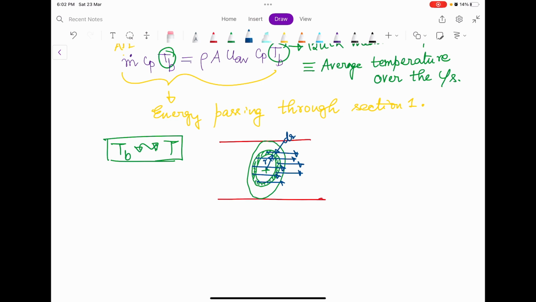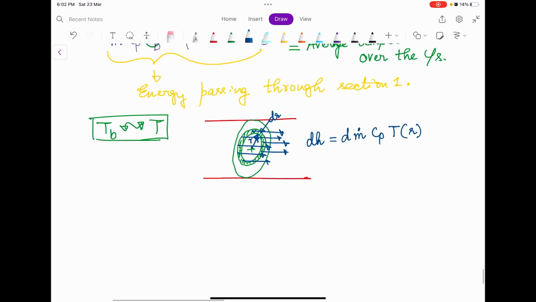That will be my dH, let us say, the small enthalpy carried through the small elemental strip. And what will that be? That will be dm dot into Cp into T, and this T is at T equal to r. At this r my temperature is fixed. At a particular cross section, maybe cross section 1, my T of r is fixed, it has some value.